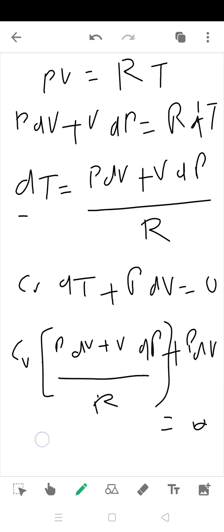We know Cp minus Cv is equal to R, as we calculated in the previous lecture.